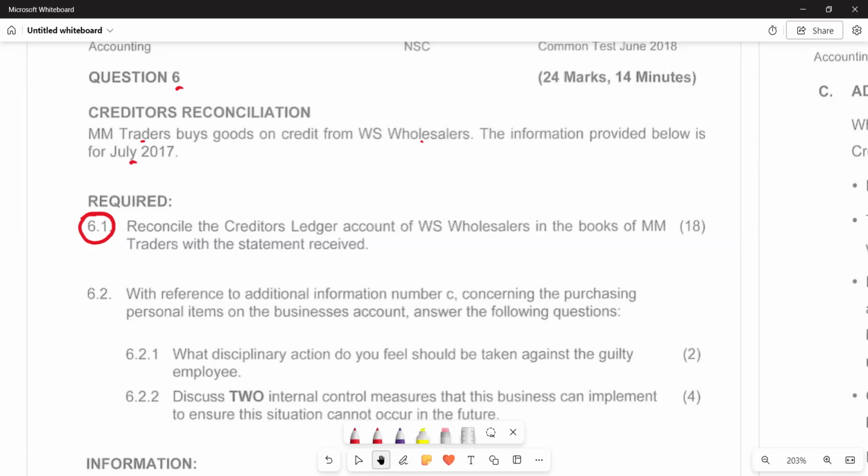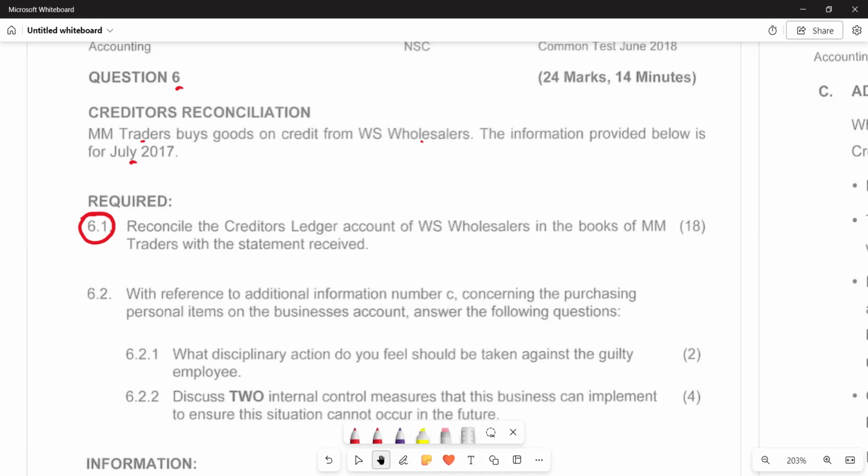So the closing balance in the account of WS Wholesalers in Traders' books should be the same as the statement of account that WS Wholesalers is going to provide to Traders. So basically, we've got two documents: the creditors ledger, and the statement of account coming from the supplier, WS Wholesalers. So the final balances in those two documents should be the same.